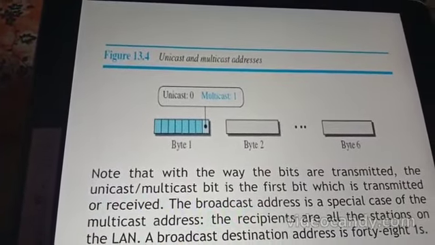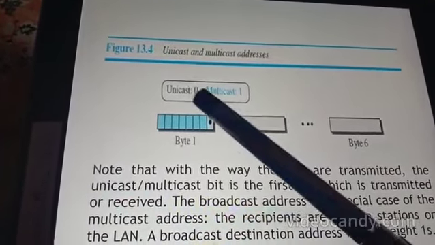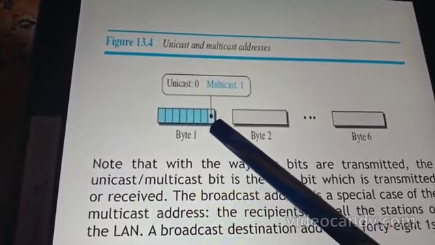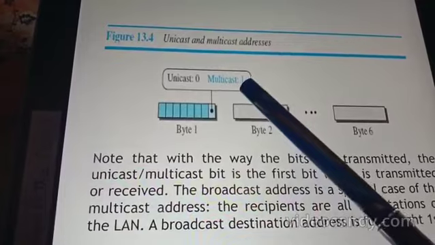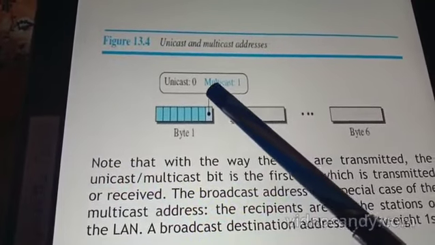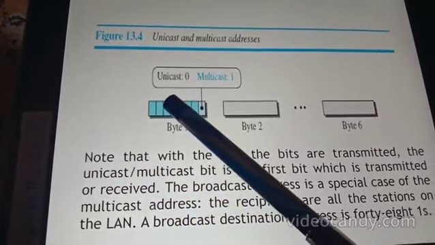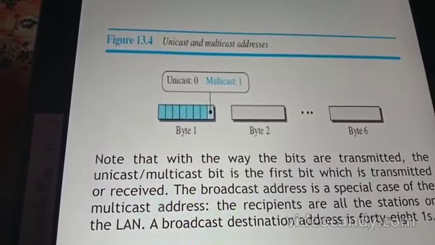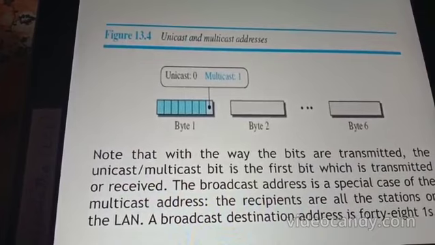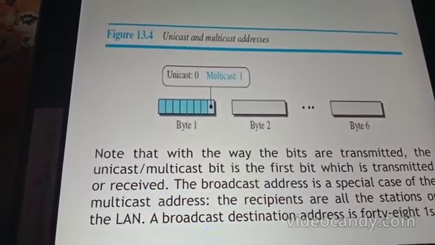Now this is an example to show the multicast and unicast address, where the first bit, that is the LSB, if it is 1, is considered multicast, and if it is 0, is considered unicast. Note that the way the bits are transmitted is that the first bit is transmitted or received first.